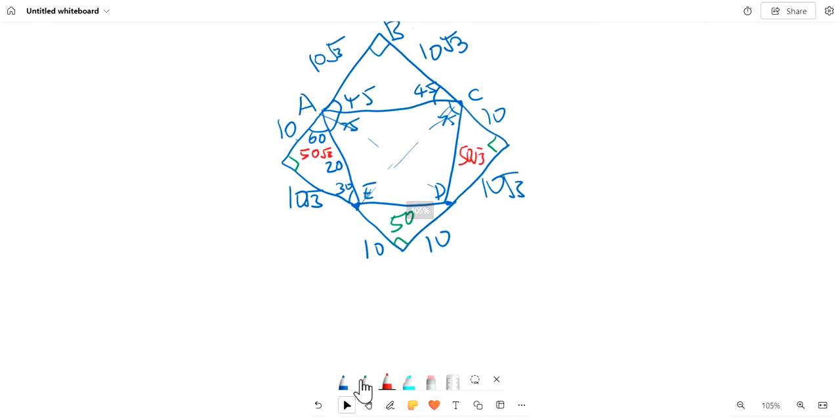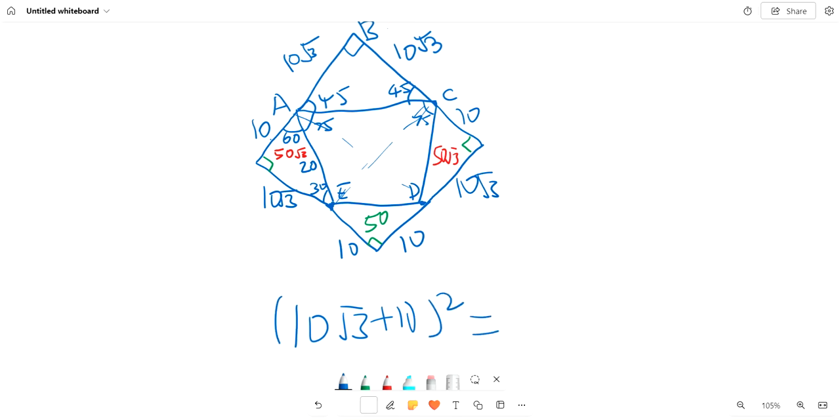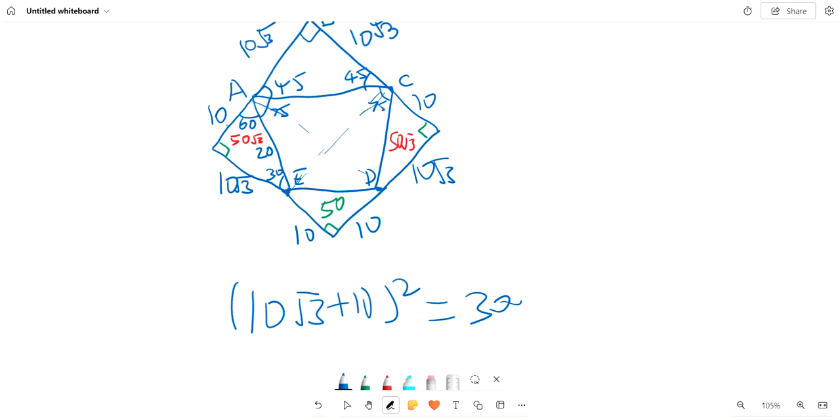And so now we find the area of the total rectangle. Just 10 root 3 plus 10 squared. And we learned that's a square actually. So you get 300 plus 200 root 3 plus 100.